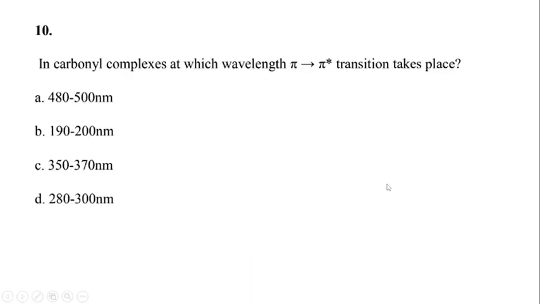So this is the 9th question. And finally the last question is: in the carbonyl complex, at which wavelength does the pi to pi star transition take place? The carbonyl is the C double bond O group.